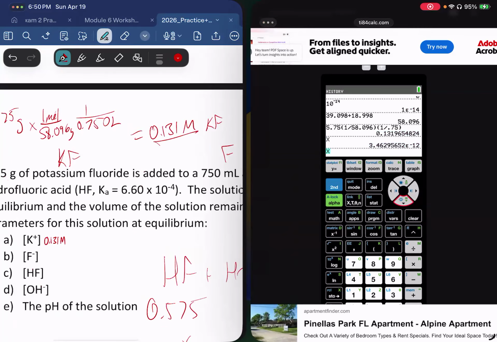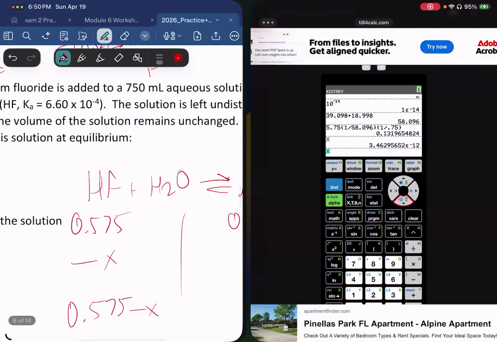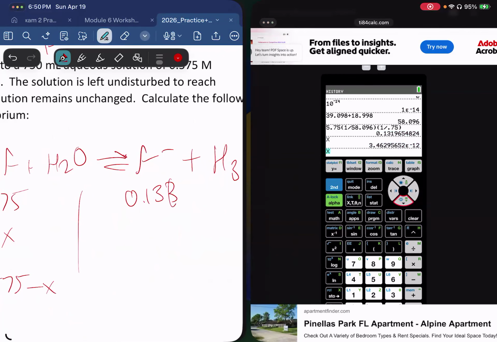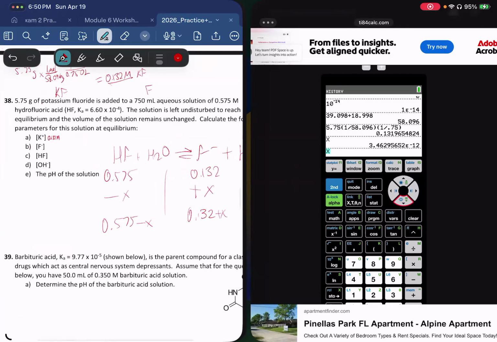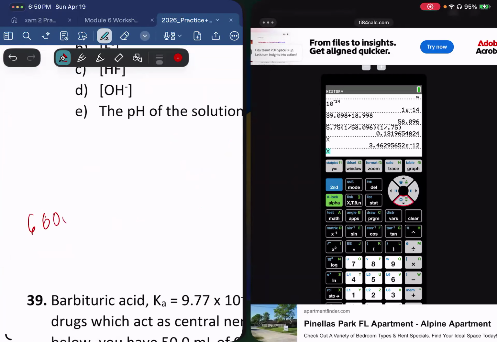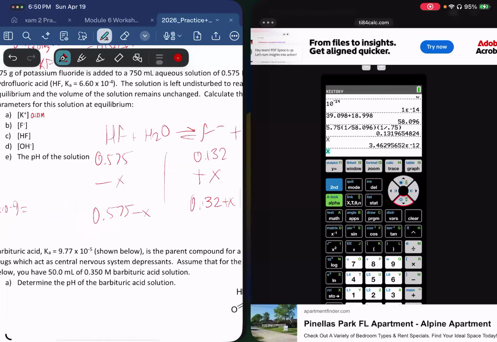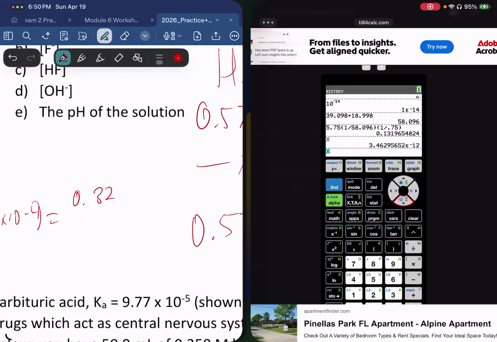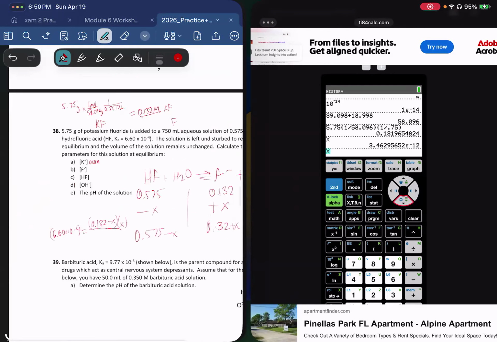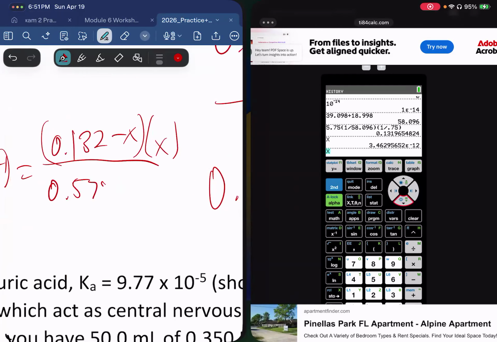It's 0.132, and hydronium is 0, so 0.132 plus X, and then X. Then we can use the Ka value, which is exactly 6.60 times 10 to the negative 4, equal to F minus, 0.132 plus X, times X, over 0.575 minus X.